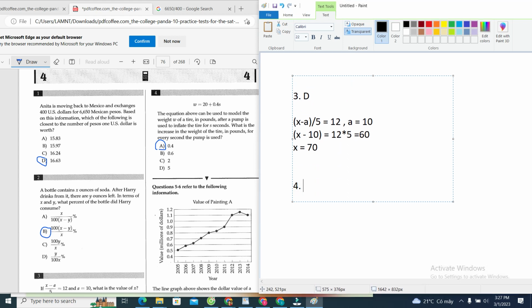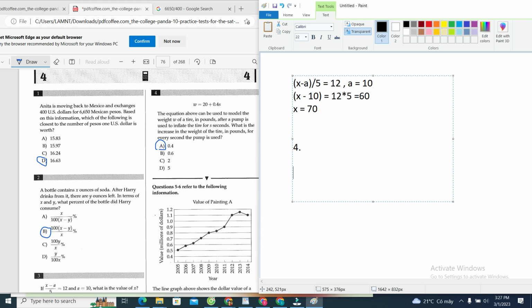So number 4, W is equal to 20 plus 0.4s, right? So if S becomes S plus 1, we have 20 plus 0.4 times S plus 1, which is gonna be equal to W prime, right?